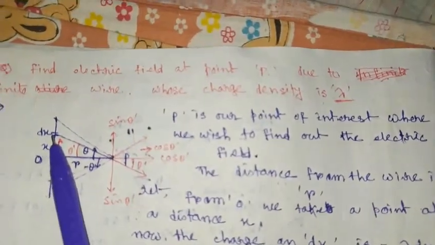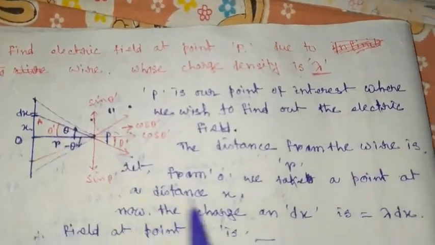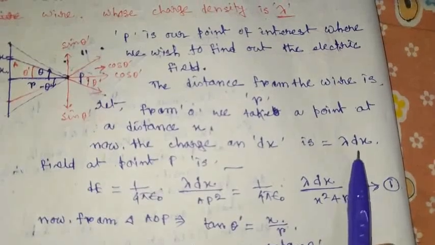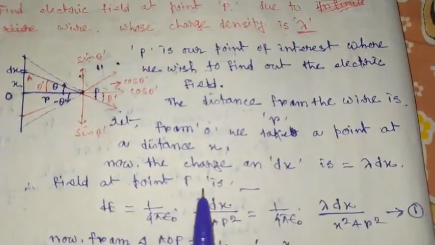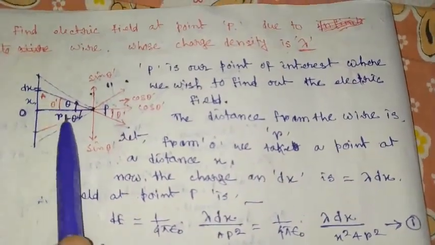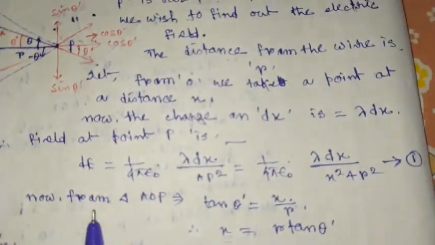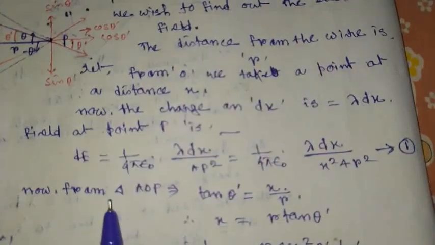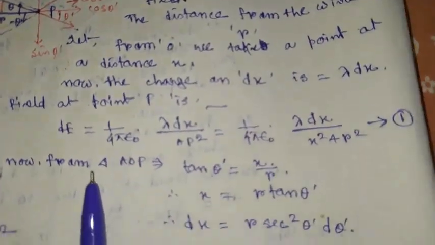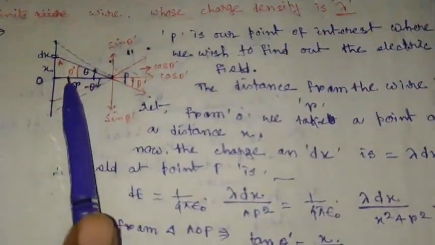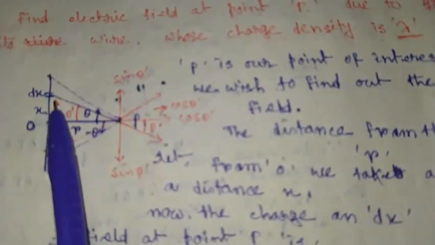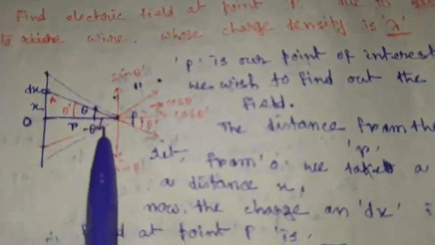So on dx length the charge dq is lambda dx. So the field at point P due to this dx element will be, according to the definition of electric field, 1/4 pi epsilon naught lambda dx by AP square, because this distance is AP.